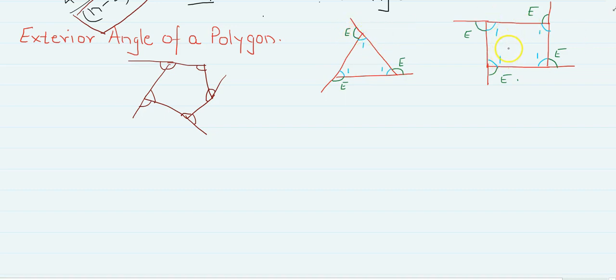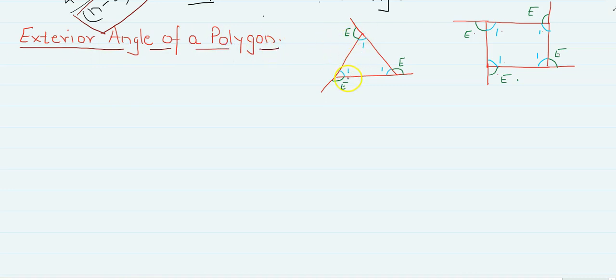If there are 4 interior angles, there are 4 exterior angles. Now let's try to find out what will be the sum of all exterior angles of a polygon.